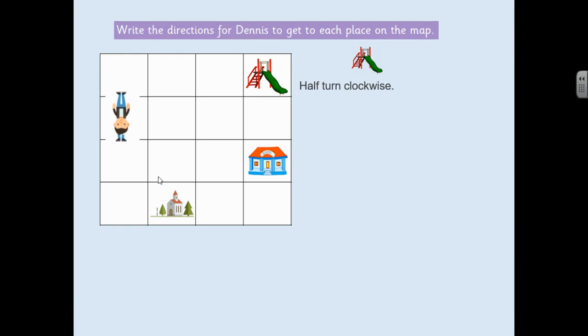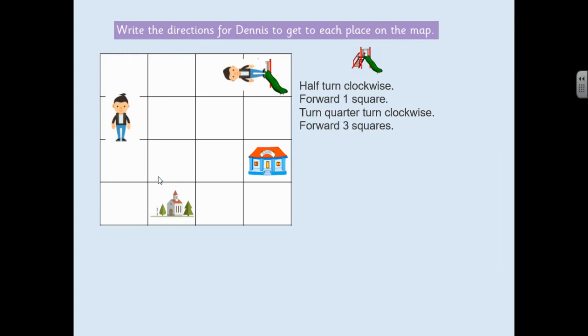Now he's going to move forward 1 square. So forward 1 square. Then he's going to turn. So he's turned a quarter turn clockwise. So turn quarter turn clockwise. And he's moved 3 squares forward. So what we're going to write is forward 3 squares.